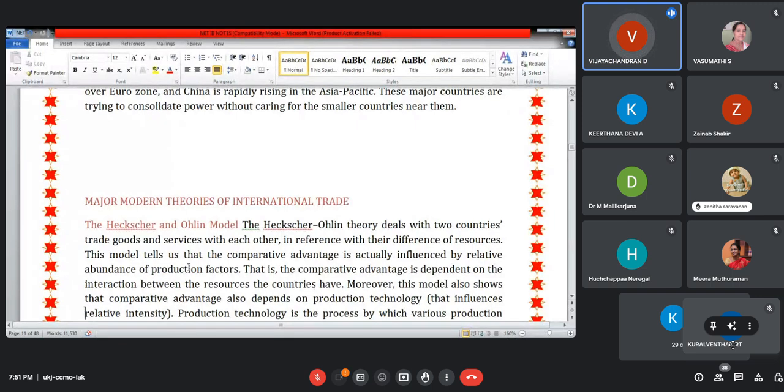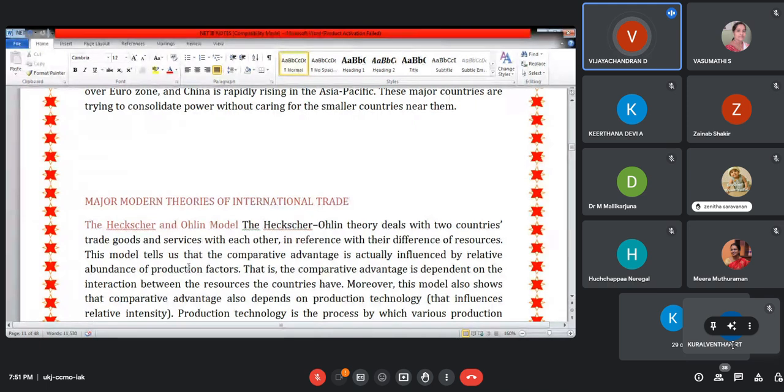So what is comparative advantage? One country will depend on another country in the production. So they will depend more on the production technology.